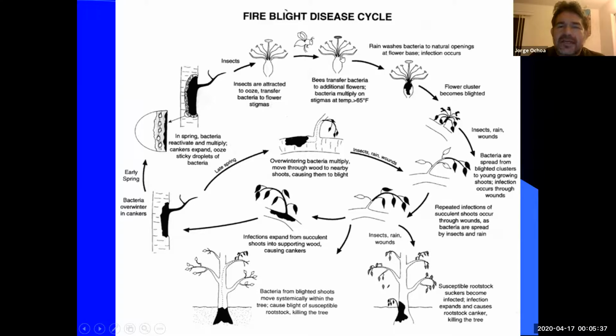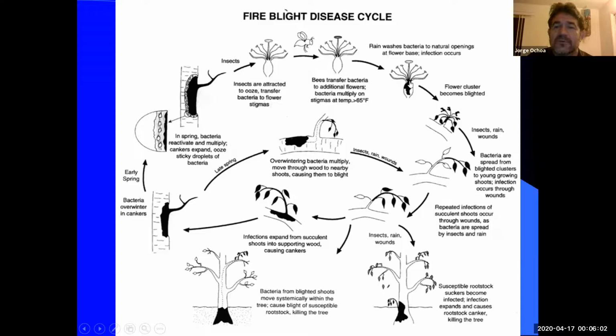Now, bacteria are not going to force their way into a plant. So most often, if they happen to infect a plant, it's going to be through some kind of cut, pruning cut, or through some kind of natural opening. So in the case of fire blight, once the bee has put their foot on the nectar, then the bacteria is going to begin to reproduce.